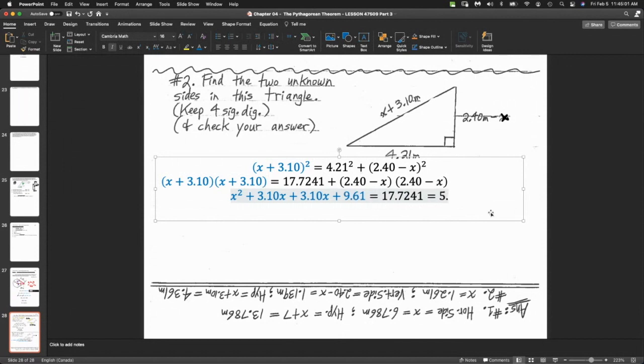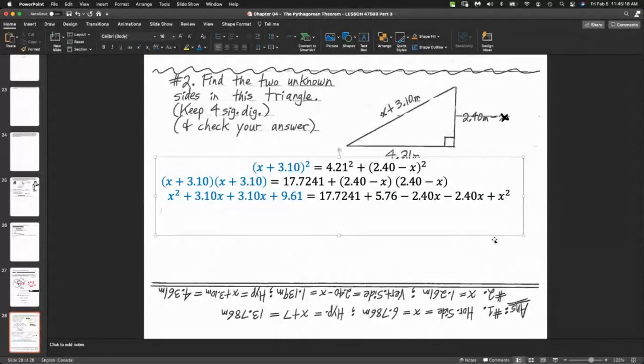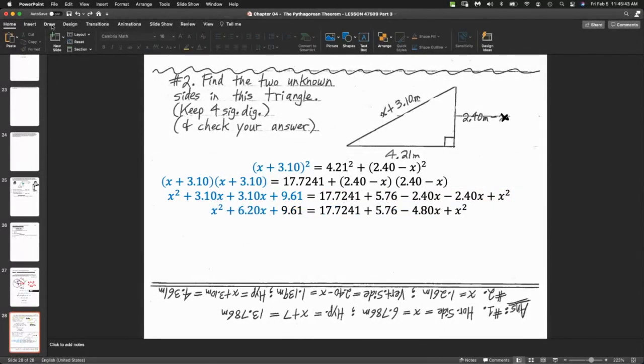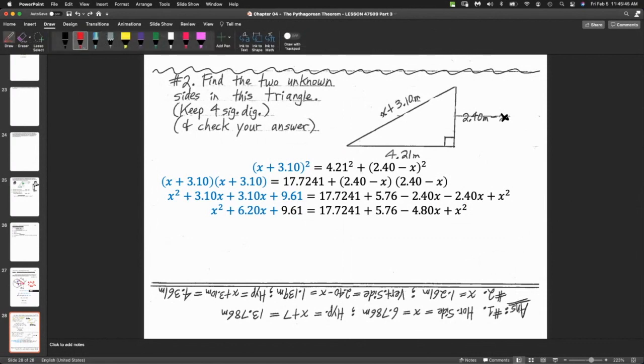So you're going to get 5.76 minus 2.40x minus 2.40x plus x squared. And from there, you can clean it up a little bit. So the x squareds cancel, and I think at that point you're in the home stretch for this question. I'm not going to line up the equal signs because now I'm crossing things out, so I changed my mind about that.